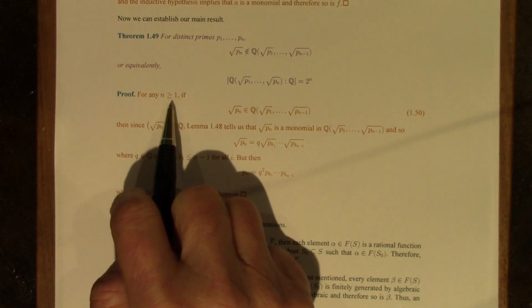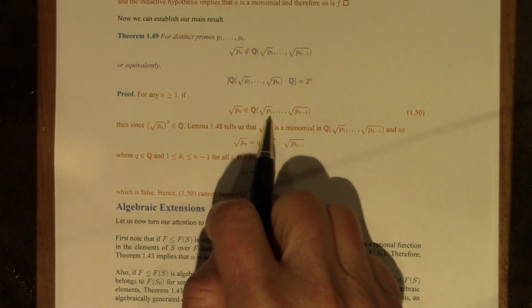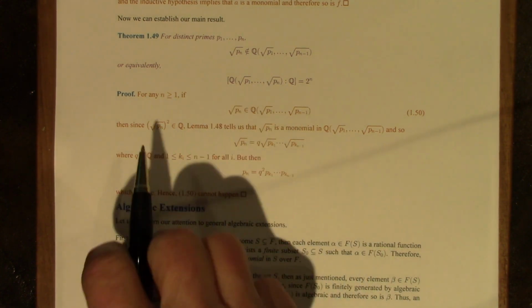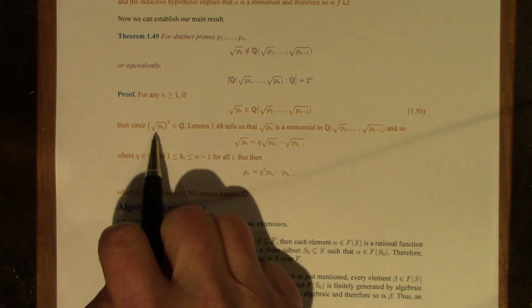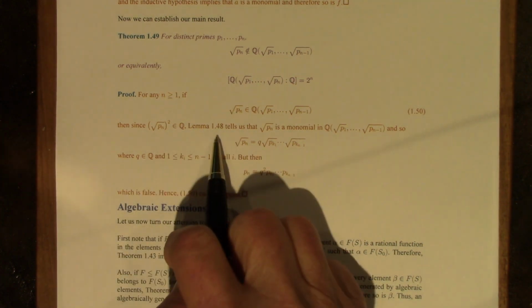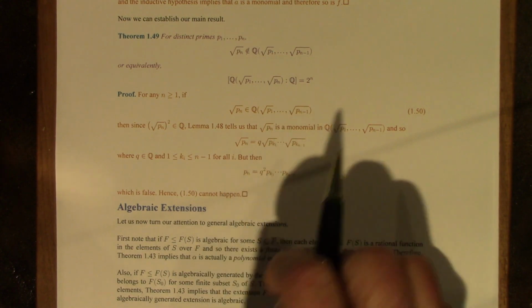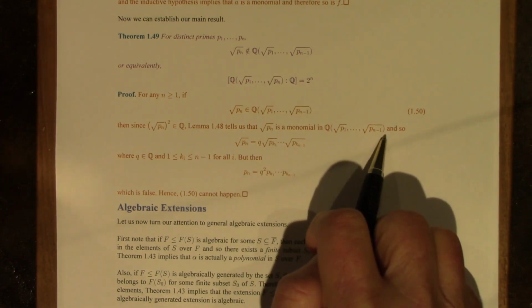Well, for any n bigger than or equal to 1, if square root of Pn should belong to this field, then since the square of this left side, the square of square root Pn, is rational, the lemma applies and tells us that the square root of Pn is a monomial over this field.